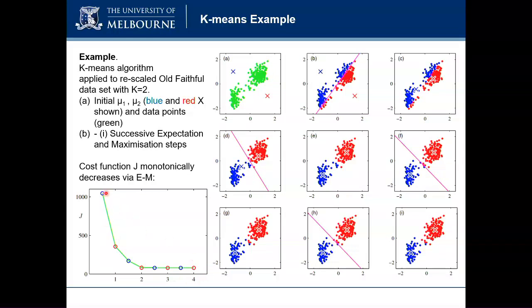But as I say, it monotonically decreases maybe to a local minimum. This doesn't mean it's the global minimum. Maybe J is defined in a very large space. There may be a lot of local minima depending on how you start and so on. All right? That's the famous k-means.